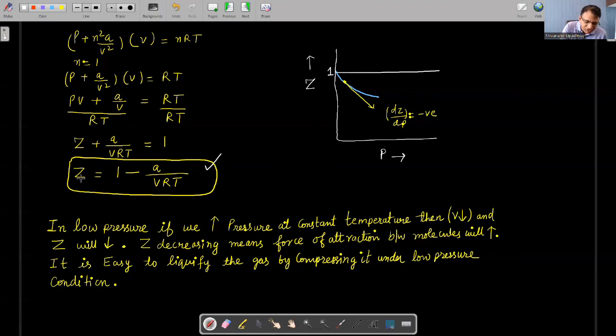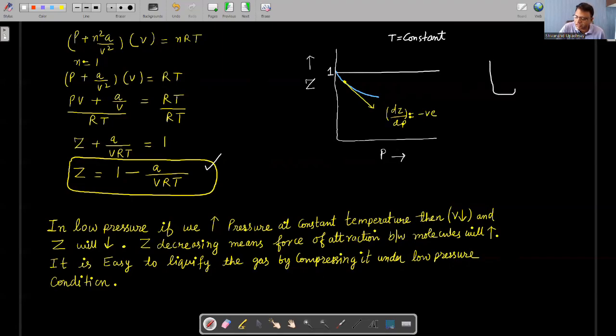This is the variation of Z with volume at constant temperature. When we are drawing this graph, we are not changing the temperature, and nothing is mentioned about temperature. It is near about room temperature, 0 to 25 degrees Celsius, right? So Z = 1 − a/VRT. From here, if we want to increase the pressure of the gas, we are keeping the temperature constant.